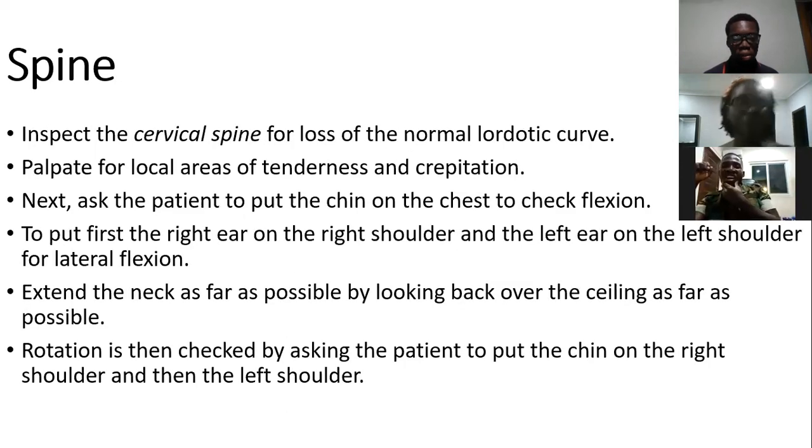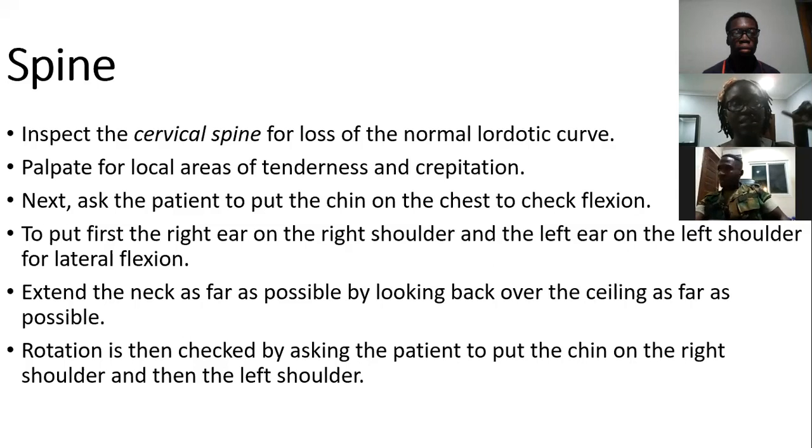So the spine, we know that the spine is divided into the cervical spine, the thoracic spine, the lumbar spine, the sacral spine, and then the coccyx. So you examine each of them in turn. For example, if you take the cervical spine, you look at the curvature of the spine.